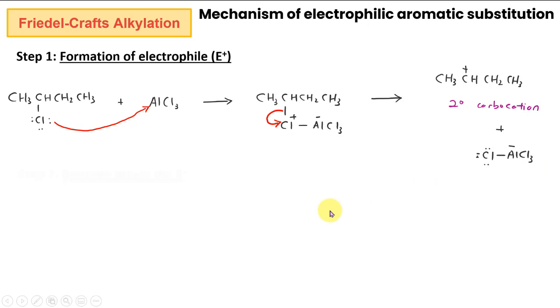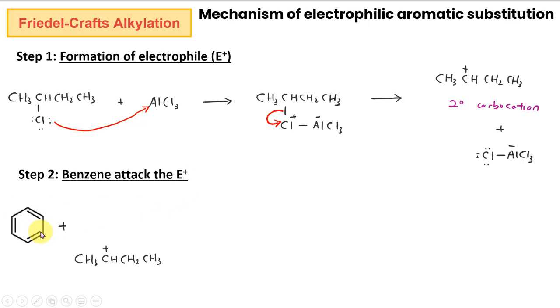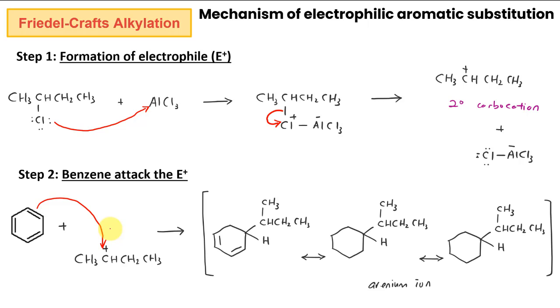For the next step, we have the benzene attack the electrophile, using the benzene and the electrophile we created in step 1. From the double bond, any of the double bonds will do, it will attack the positively charged carbon, and it's going to produce 3 resonance structures of the arenium ion. There is a positive charge on the second carbon, and then you need to draw the arrows to show the delocalization of the pi electrons.